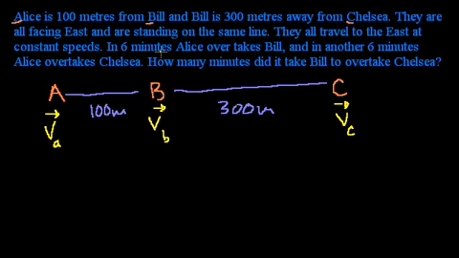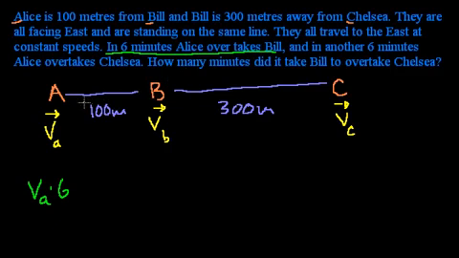In 6 minutes, Alice overtakes Bill. So what has to happen? Let me do this in another color, green, and write down what that equation would look like. This tells us the distance that Alice travels in 6 minutes. It would be the velocity of Alice times 6.